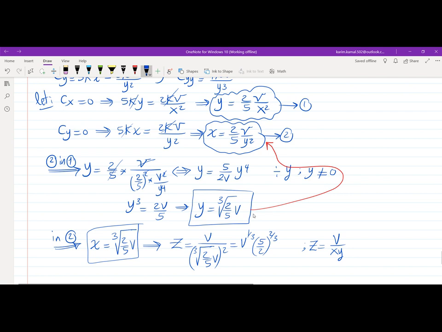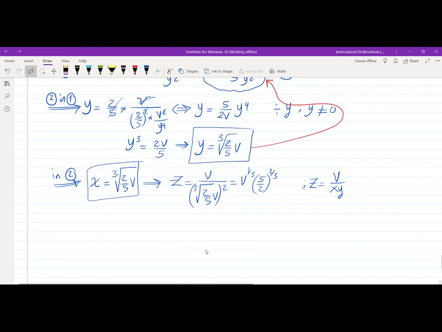Then the critical point is cubic root 2v over 5 and cubic root 2v over 5 and v power 1/3 times 5 over 2 power 2 over 3.